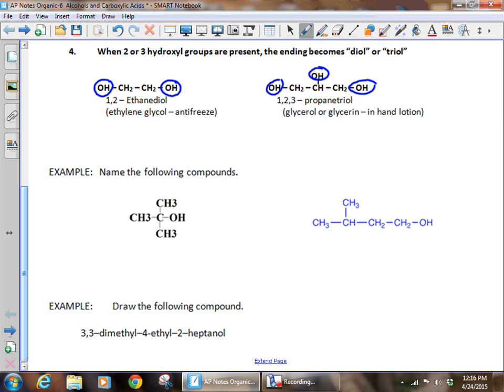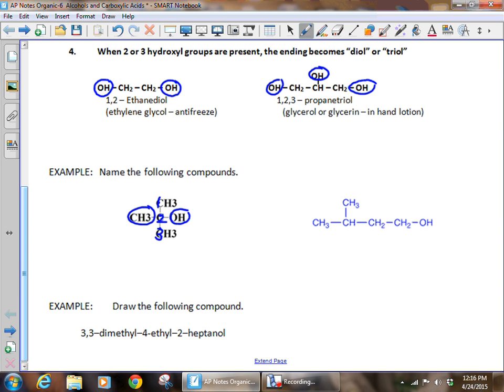So if we name these compounds, look at this first one, I'll just go ahead and number it. The longest carbon chain is the one that's up and down. So looks like the hydroxide is in the middle. So there's 1, 2, and 3. So here's our CH3 group. Here's our hydroxyl group.